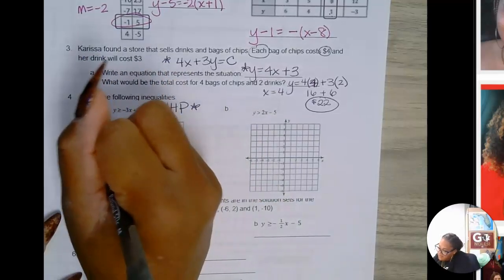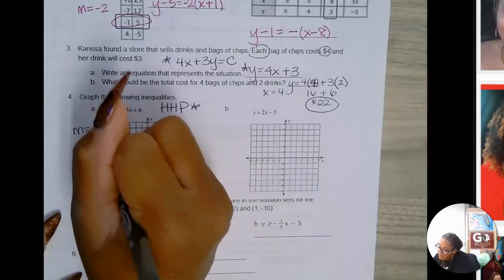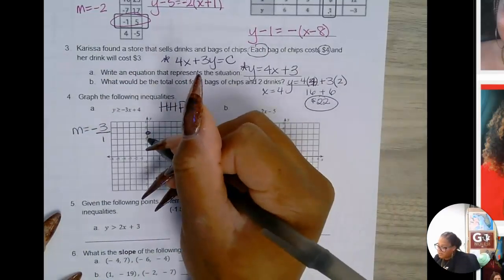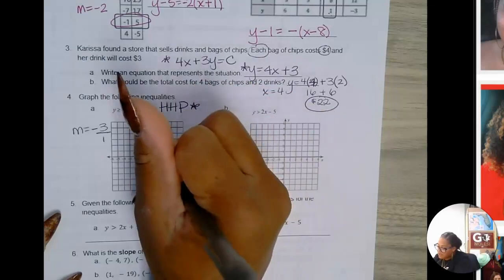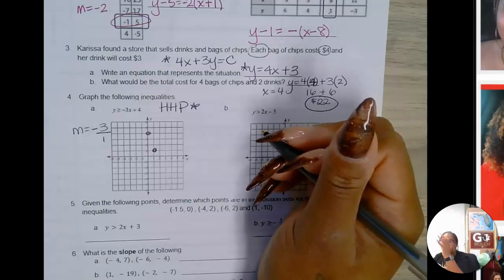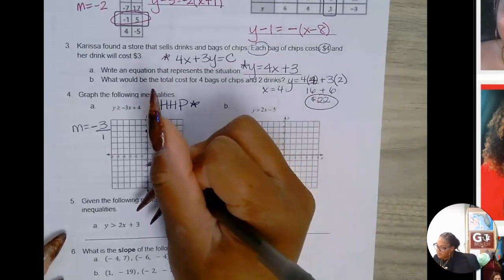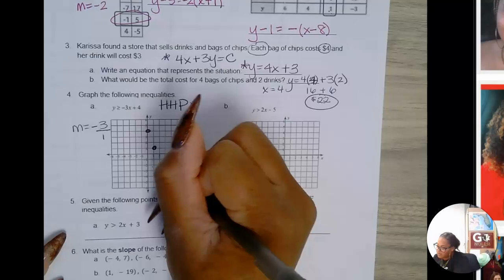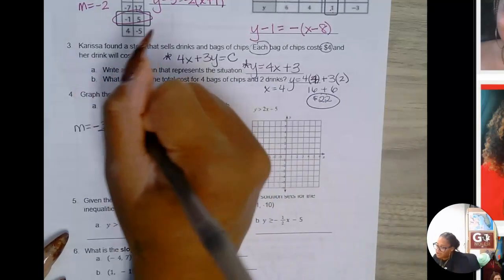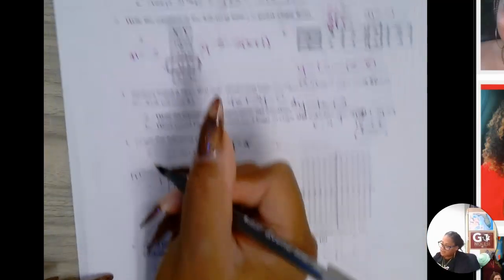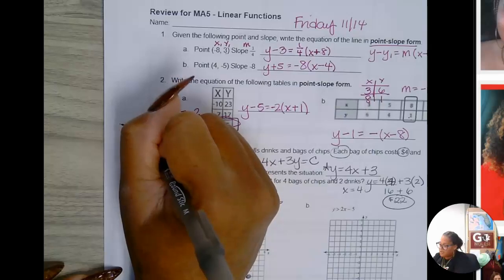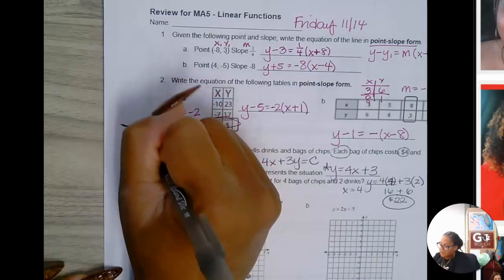My rise over run is negative 3, but remember, there's an invisible 1 down there. So I will go down 3, and then to the right 1, because it's negative. I went down 3, and to the right 1, down 3, and to the right 1. I also must be mindful of my signs. Remember, this is shaded above and dotted.